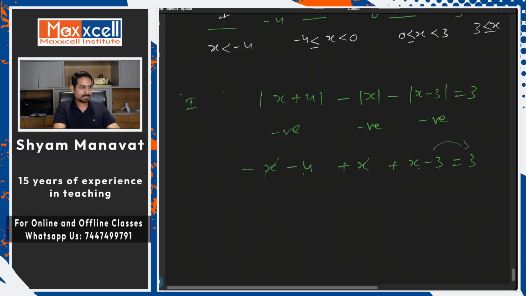Minus 7 to the other side, I will get x is equal to 3 plus 7, that's going to be 10. Question: x equal to 10 for segment 1, which is x less than -4. So do you have x equal to 10? Did you get the value of x which is falling in this range? No. So what do we say in that case? Not a valid solution. Are you learning? Are you understanding?